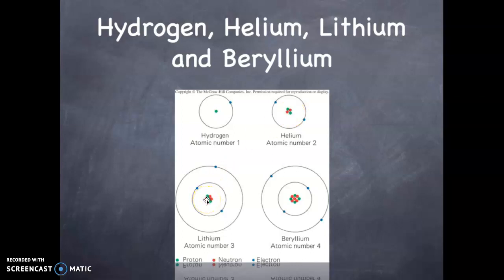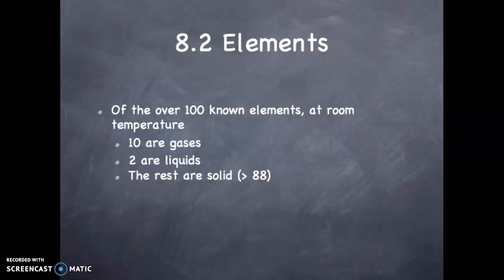Same with lithium with 3 protons and 3 electrons, 2 in the nearest shell and 1 in the outer shell, and beryllium, and so it goes on and on. Of the over 100 known elements at room temperature, 10 are gases, 2 are liquids, the rest are solid. More than 88 are solids.